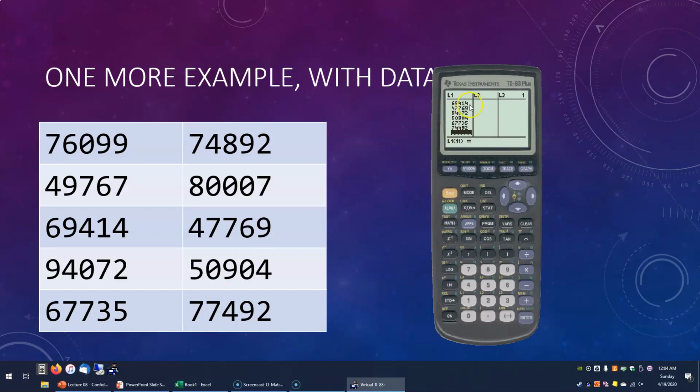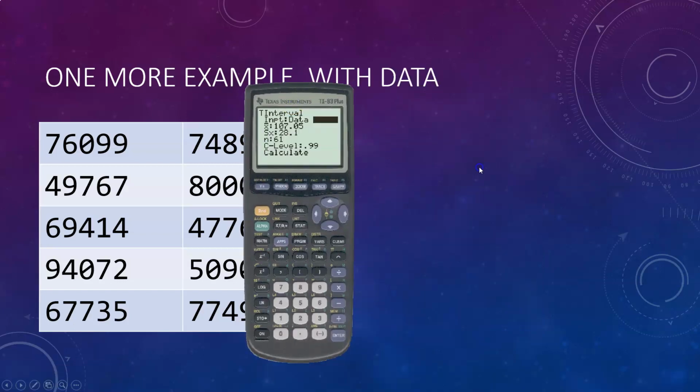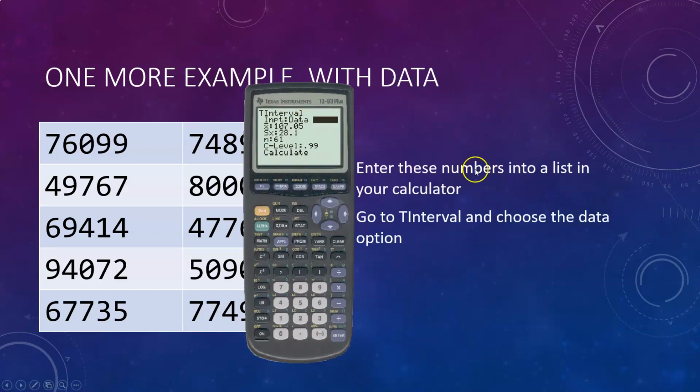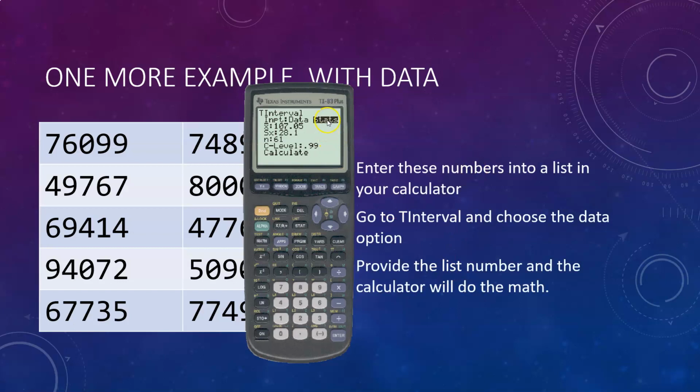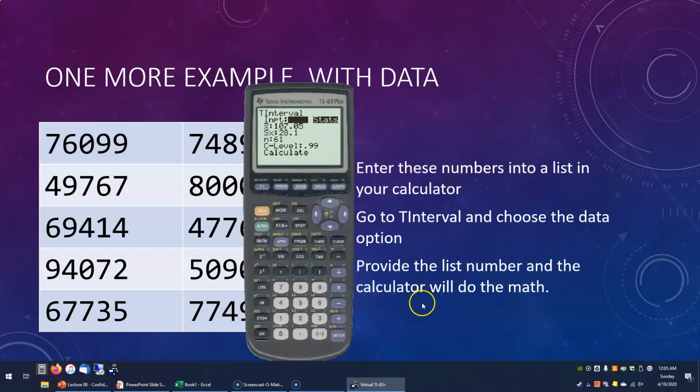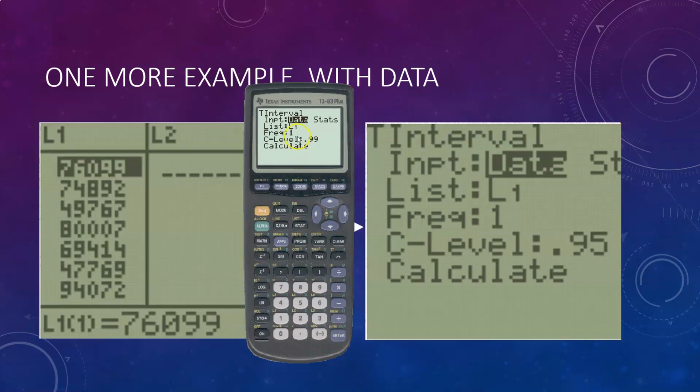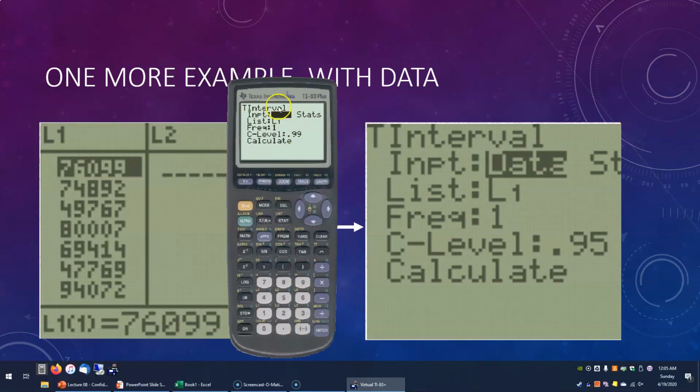Now that this is in a list, I'm going to hit Stat. I'm going to go over to Tests. I'm going to choose option 8. And instead of stats, I'm going to choose the data option, because that will allow me to choose a list. Now, I entered everything into list 1.